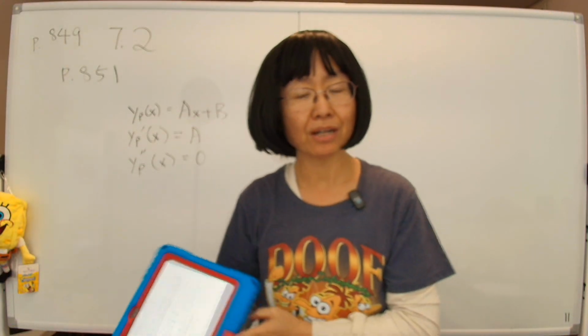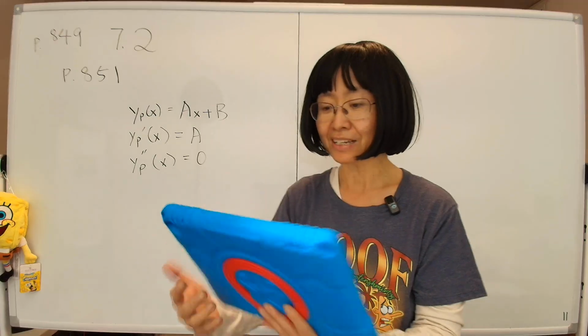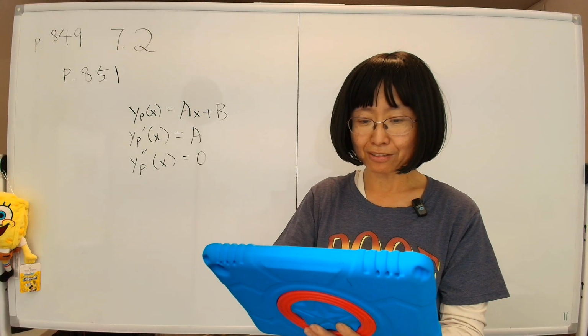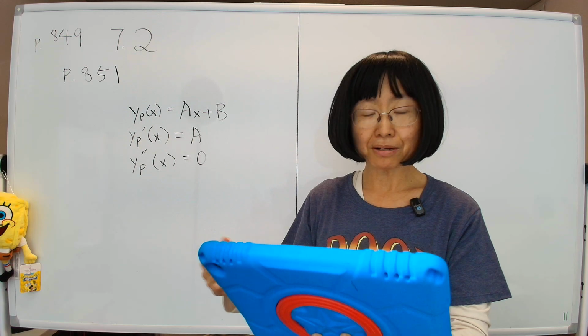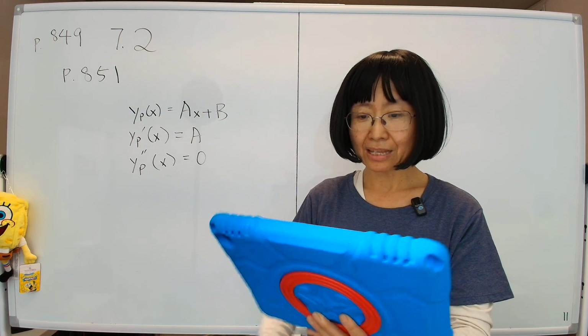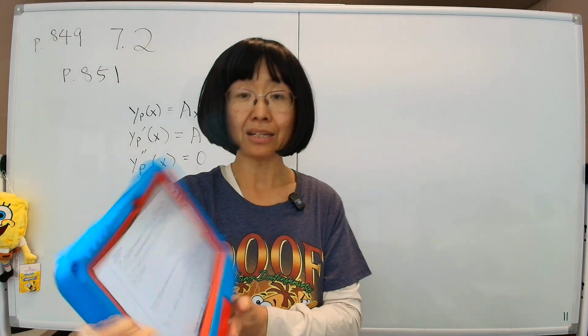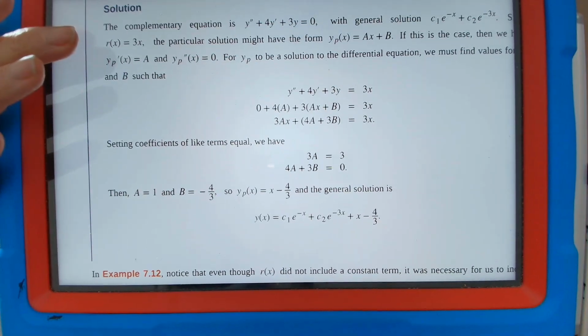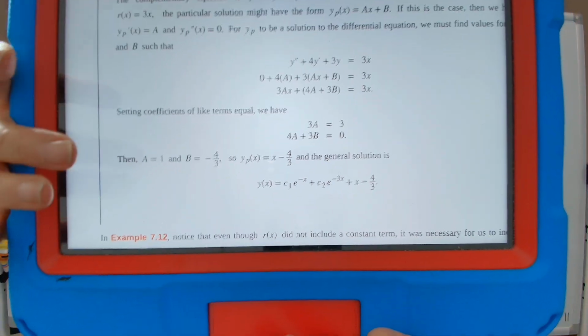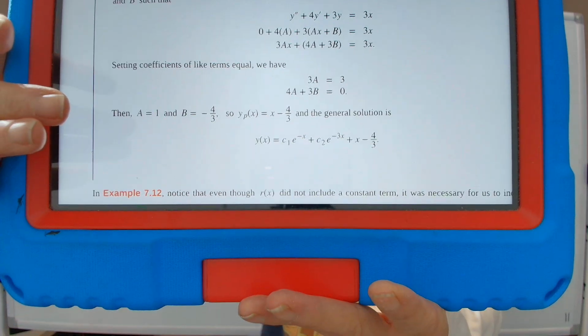At this point, you have two equations with two unknowns, and then we can solve for a and b. Once you have the values of a and b, you know what the particular solution is: ax plus b, where a is 1 and b equals minus 4/3.